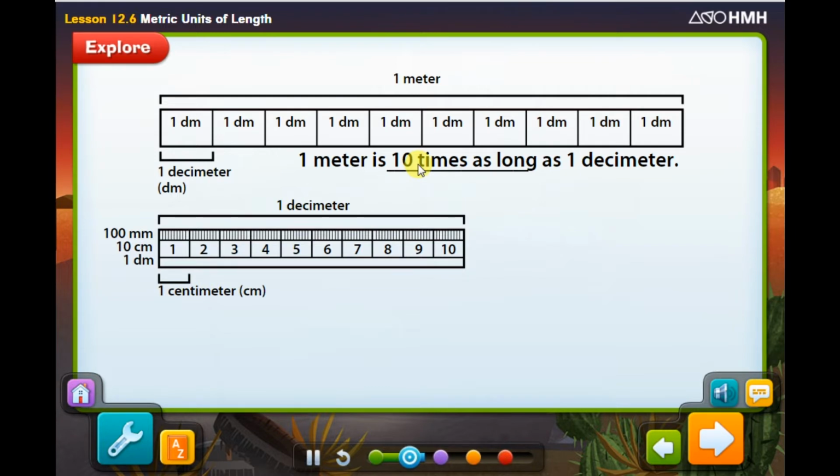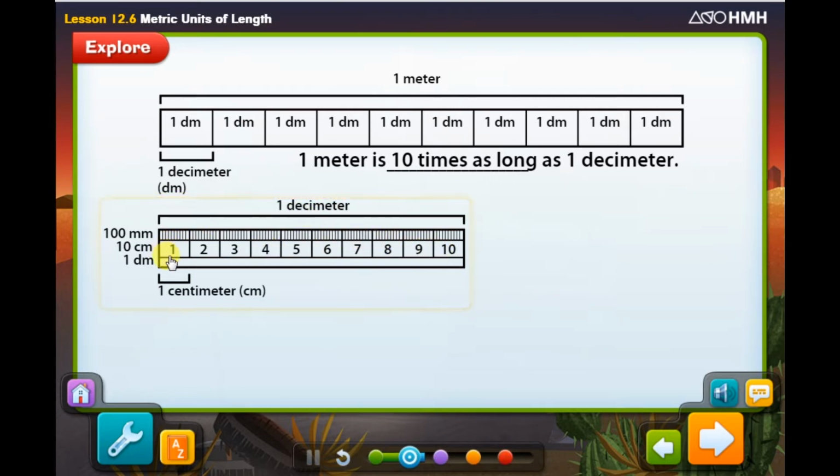Now, let's relate decimeters to centimeters and millimeters. How does the length of 1 decimeter compare to 1 centimeter? Okay, so what is smaller than a decimeter? Centimeter is smaller than decimeter. Actually, 1 decimeter contains 10 centimeters. So if you cut a decimeter into centimeters, it will give you 10 centimeters.